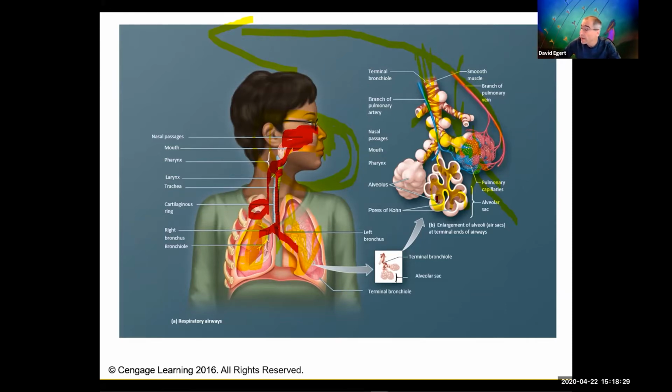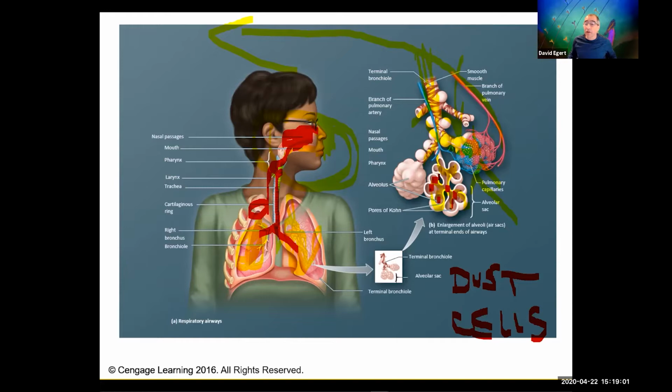We also talked about even once you get down into the alveoli, there are going to be alveolar macrophages, also known affectionately as dust cells. And those are on patrol and they can eat any little stuff that ends up down in there. And you're breathing in all sorts of stuff.